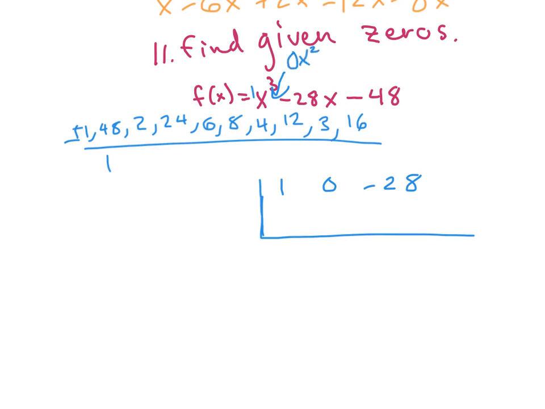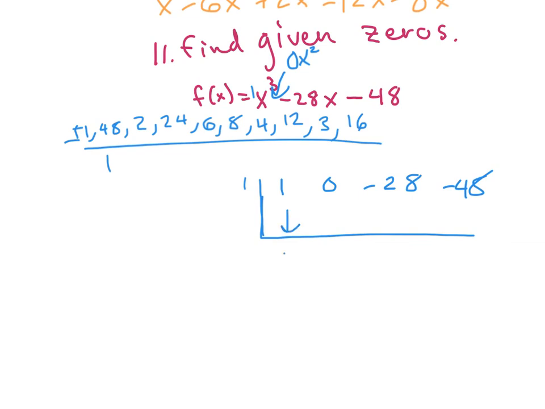So just like we did in the last chapter, got to include every single term. So we have 1, 0, negative 28, negative 48. All right, what can we test first? One. Sure, let's test 1.